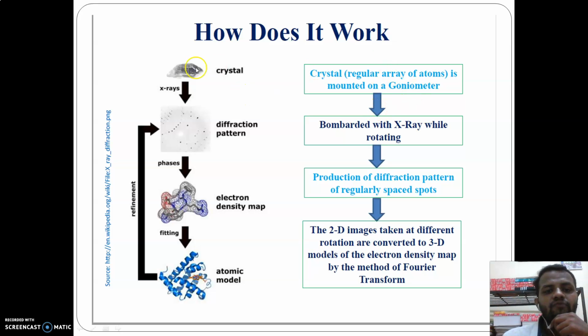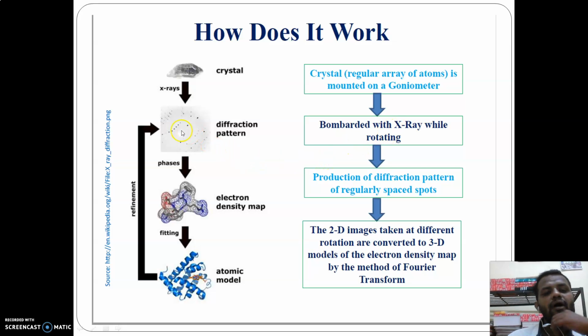Now what do we get after the study? Either you go for Laue method or any of the reported methods, what we get at the end is a diffraction pattern. Now how is this diffraction pattern formed? It is obtained by bombarding with X-rays while rotating or by any means.